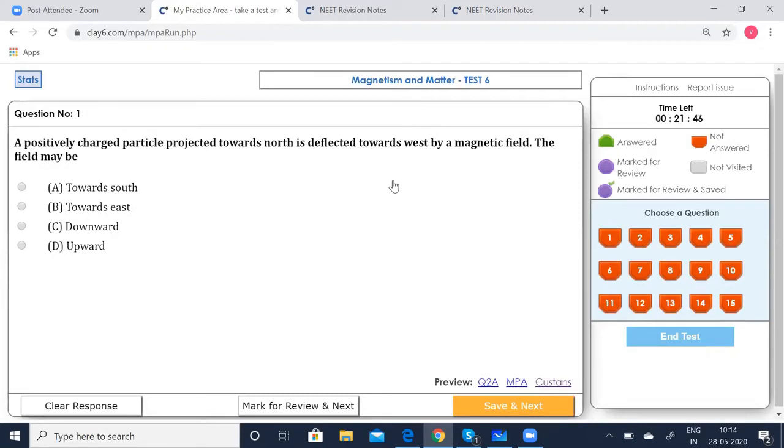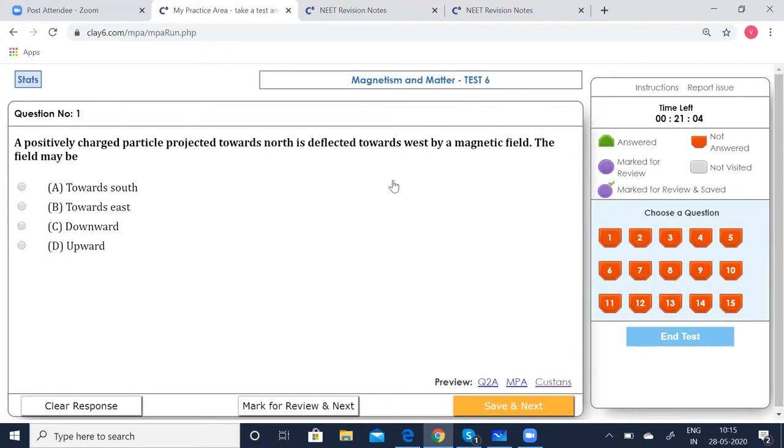So you can make yourself quickly thorough with those formulae and then attend the test. Now look into this. A positively charged particle projected towards north is deflected towards west by a magnetic field. The field may be towards south, towards east, downward, upward. Now we have to use Fleming's left-hand rule. Take your middle finger, forefinger, and thumb, and stretch them mutually perpendicular to each other. The thumb represents the motion, the middle finger the magnetic field, and the forefinger the electric field.